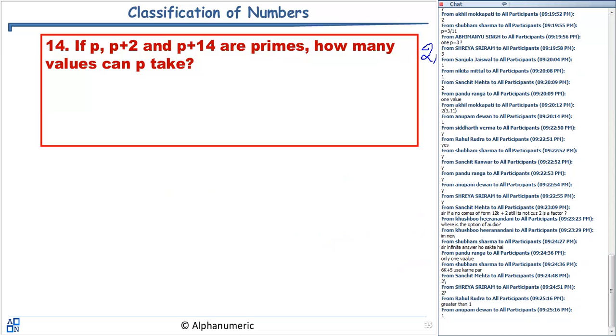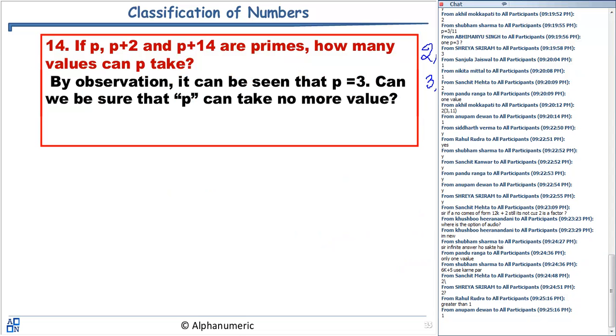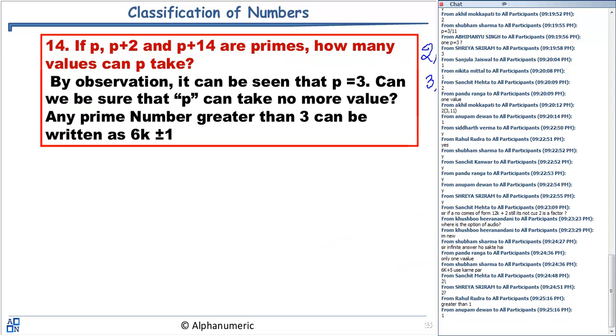Now remember, after 2 and 3, all the prime numbers can be represented in the form of 6k plus minus 1. So let's check with that form. If p is in the form of 6k plus 1, then p plus 2 is 6k plus 3, which is 3 into 2k plus 1.